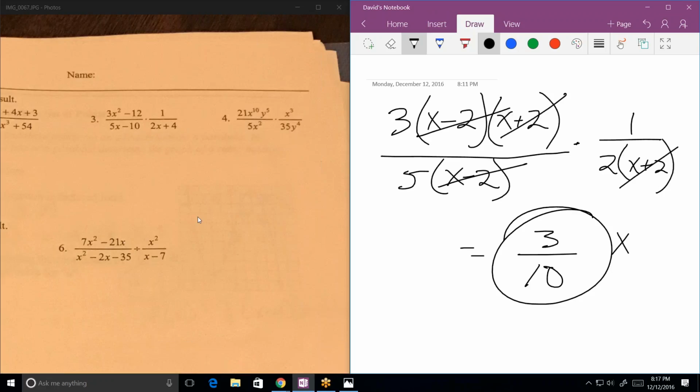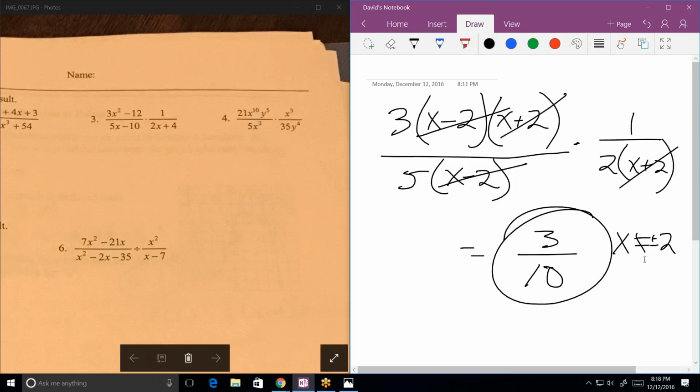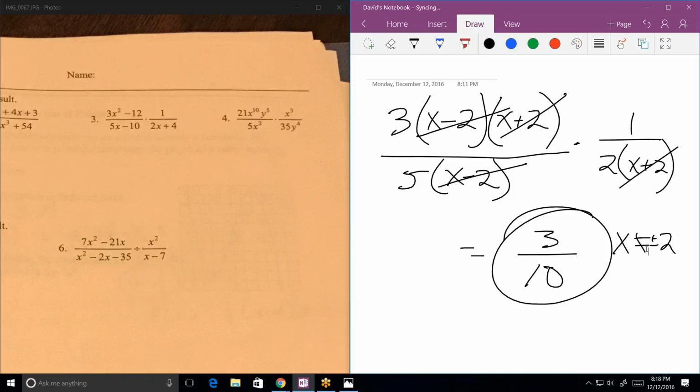The complete answer is 3/10, but x cannot be plus or minus 2. If you didn't put that domain restriction on there, you might actually lose a point. You wouldn't lose full credit, but you might lose partial credit. I'm not sure. That probably depends on the teacher.